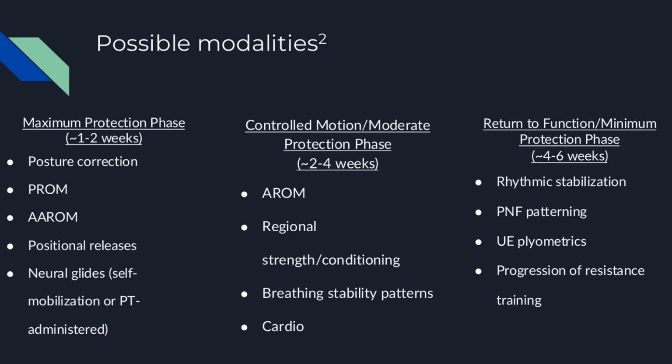In the second phase, the moderate protection phase, we'll want to move into more active range of motion and resistive training if we're able to limit their radicular pain and their symptoms. We'll want to work on some breathing stability patterns.